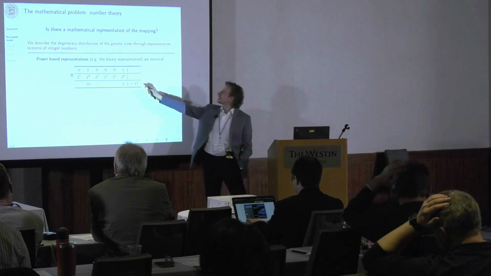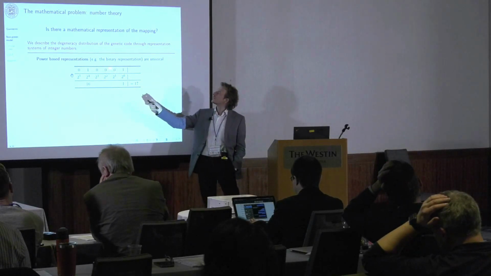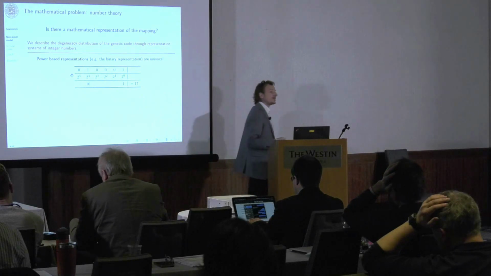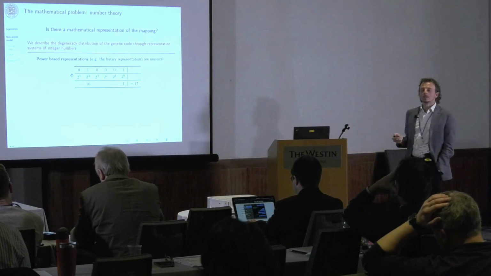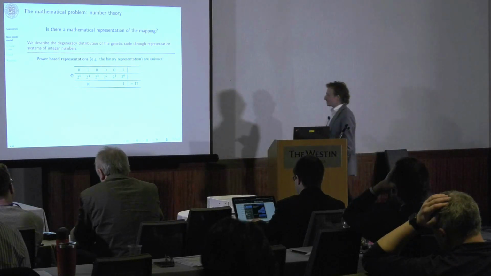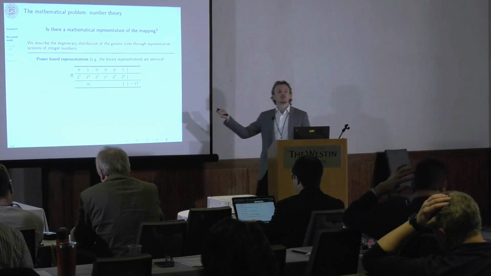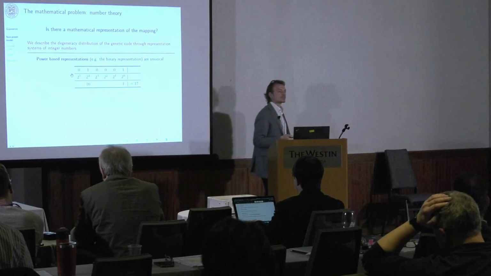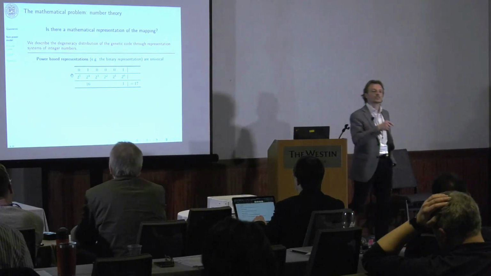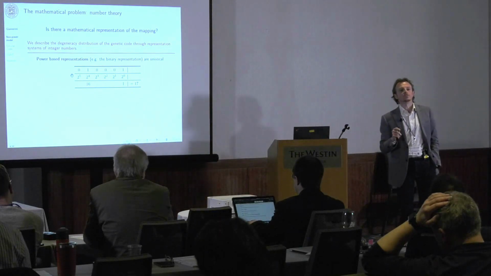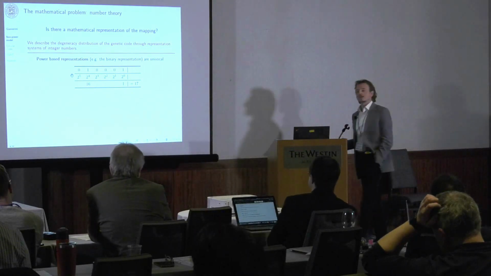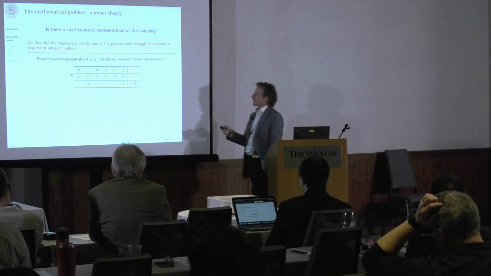For instance, here, the number 17 is represented by this binary string univocally. So how can we make this system redundant? Because this is of no use to represent a redundant mapping like the genetic code, where we have 64 codons and 20 amino acids plus start and stop signals.